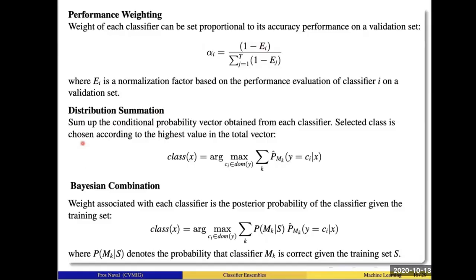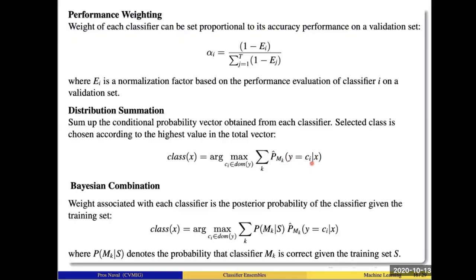Then you have the distribution summation. Here, we sum up the conditional probability vector obtained from each classifier. The selected class is chosen according to the highest value in the total vector. So here again, like previously, this is your posterior probability.